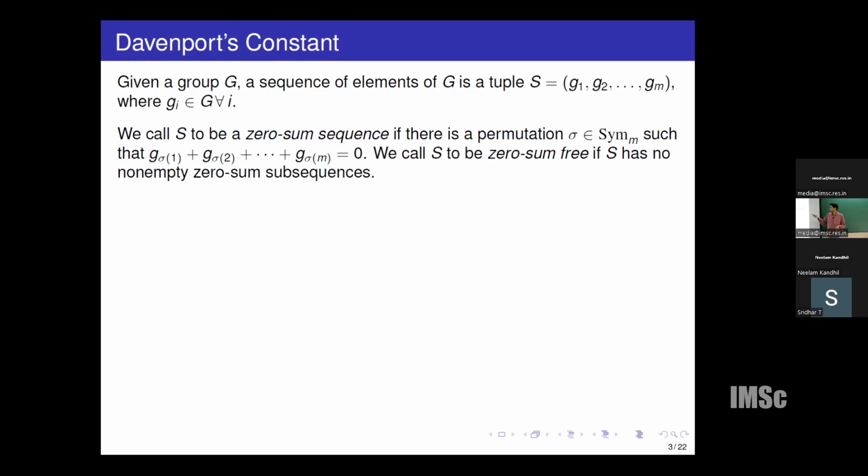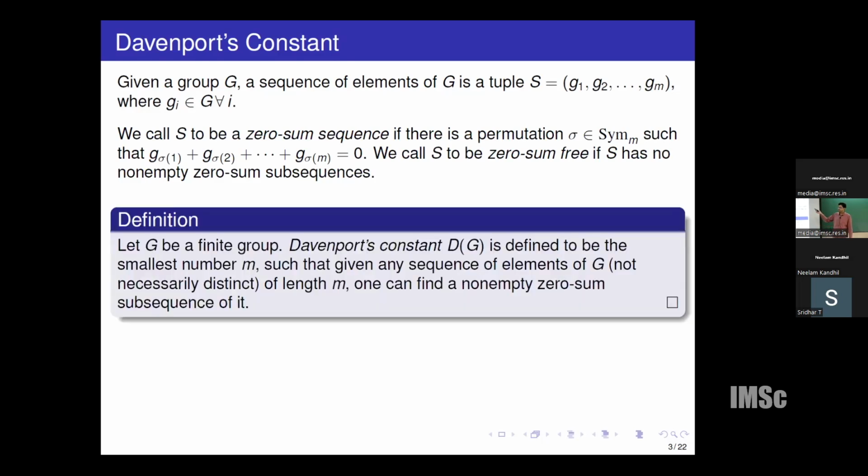But we don't need to add them like g1 plus g2 up to gn. We can permute and add them also. So in case it's an abelian group, the permutation doesn't really matter. But if we move to a non-abelian group, then the permutation might come into the picture. And we'll call it zero-sum free if there is no subsequence of it which adds up to 0 at all.